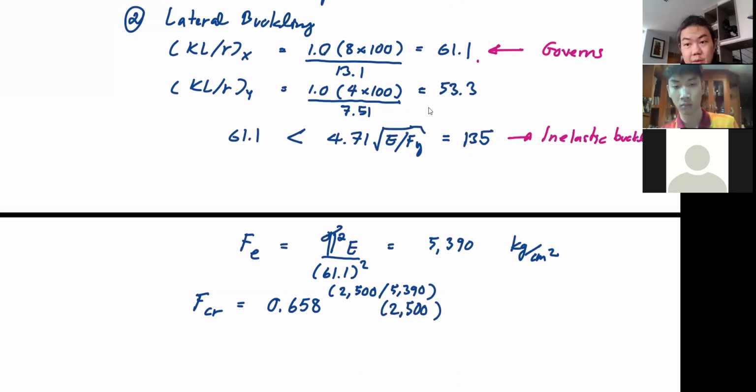And after some calculation, this is 2,060. So not far off from Fy, but not Fy either, because of the buckling problem.